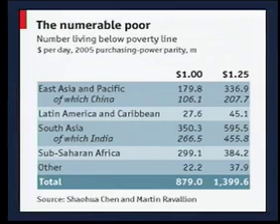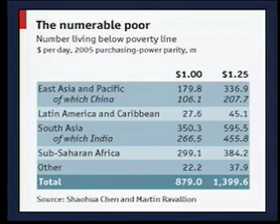South Asia, 350 million people earning less than $1 per day. And East Asia, which is East Asia and Pacific, with China, it's roughly about 200 million people. So this is $1 per day.